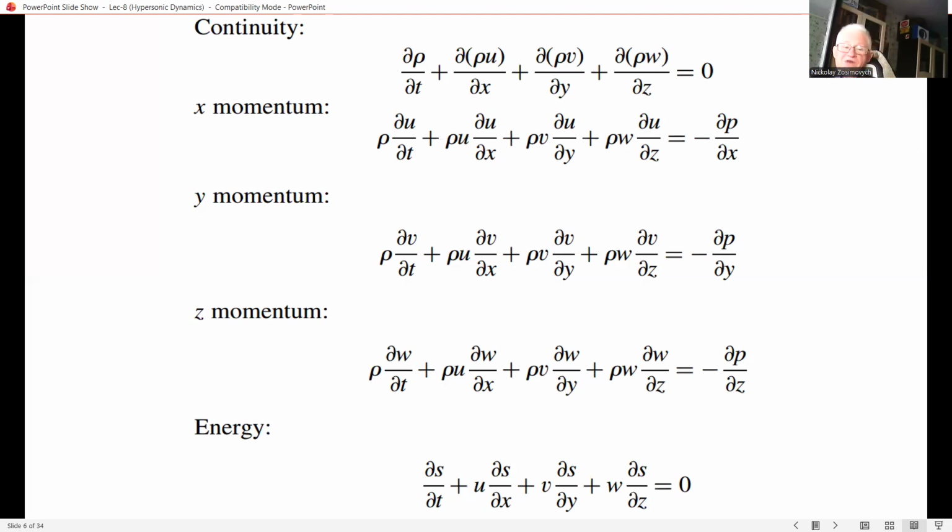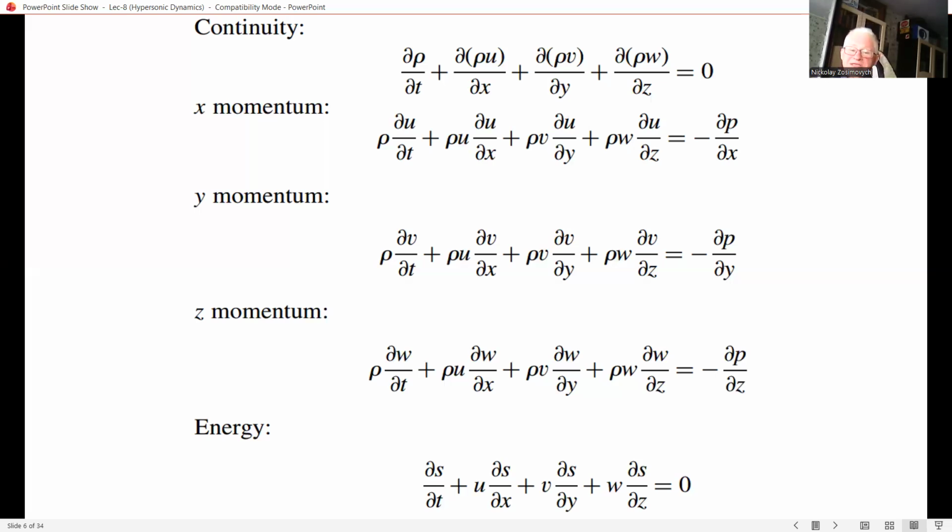But the only way to solve these exact equations, especially for the geometry of the X-43, is numerical. That is what this lecture is all about: exact methods for calculating hypersonic inviscid flow fields.